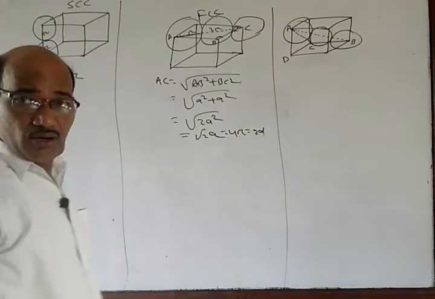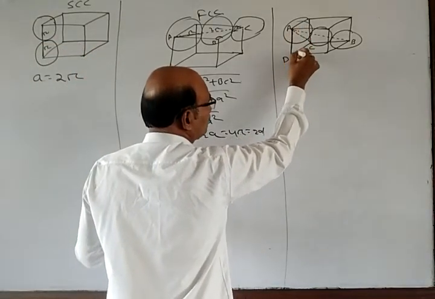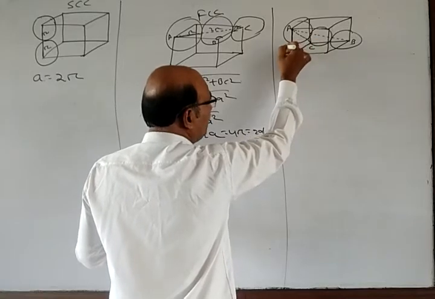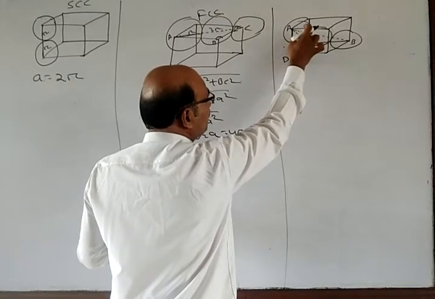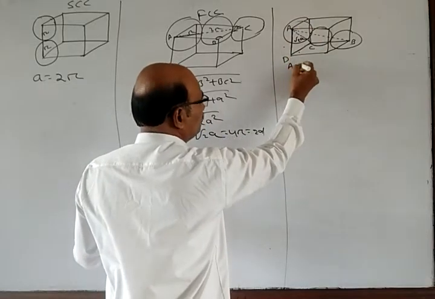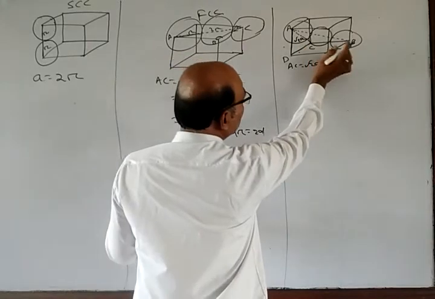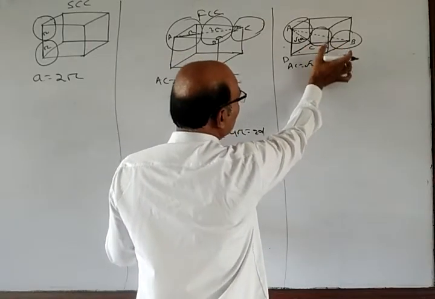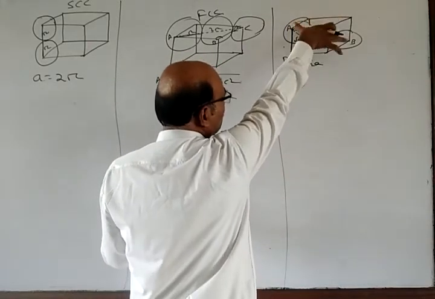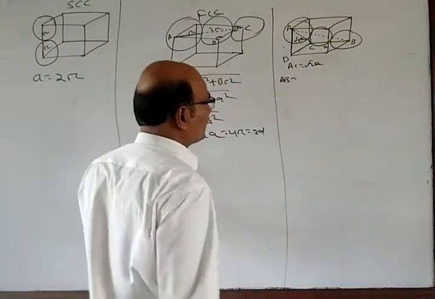Now in this triangle, AC is root 2 a here. This is a, and B is a, so this is a and root 2 a. See the right angle triangle.